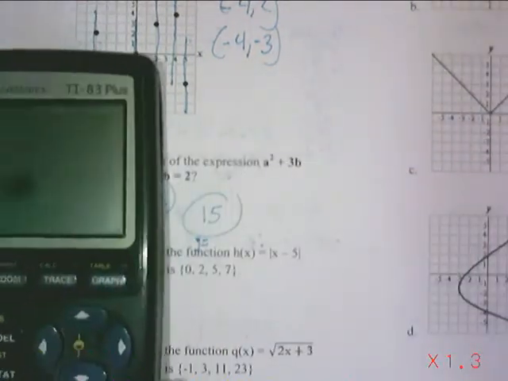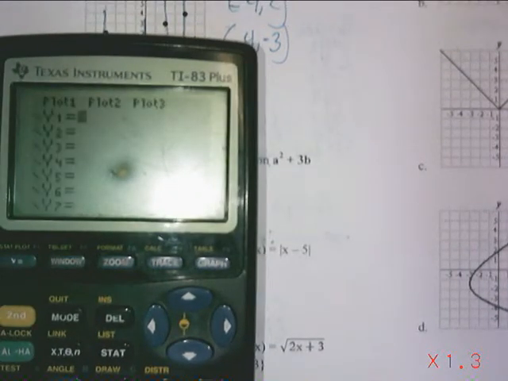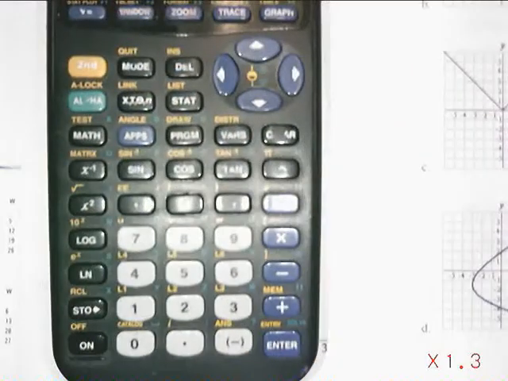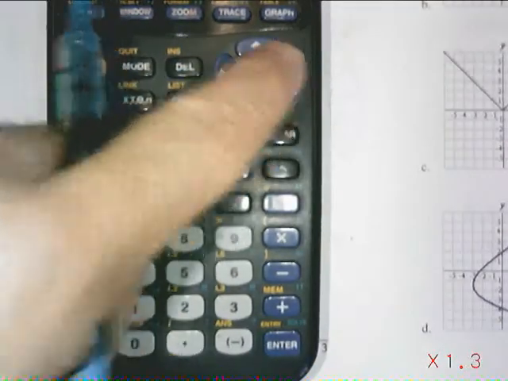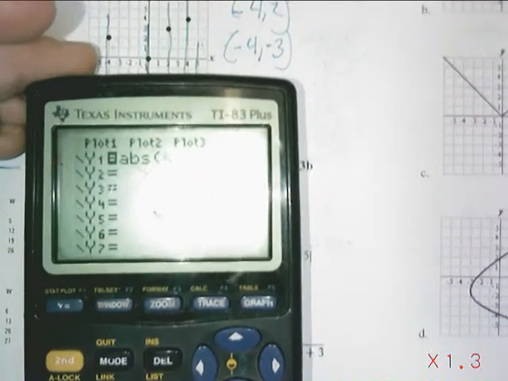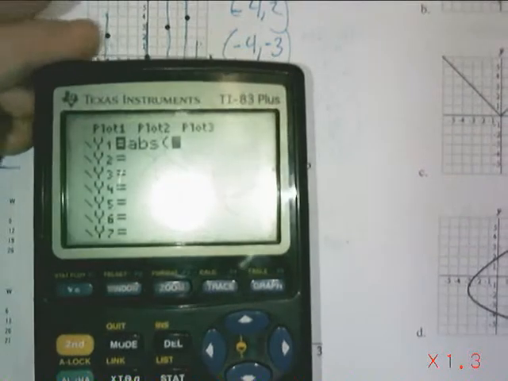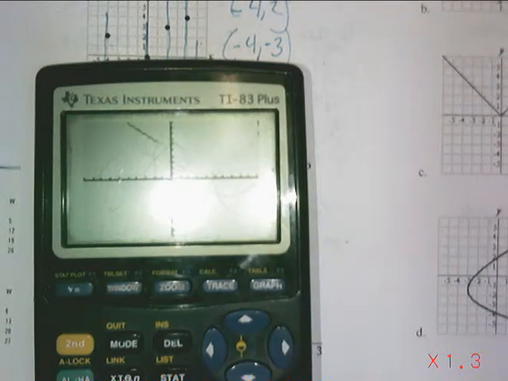So I'm going to go to y equals and pull out absolute value of x minus 5. Absolute value, on any calculator, it's math, number, and the first one. It'll look like this on your calculator, absolute value of x minus 5. That's as a function. I can look at the graph if I really want to, but I don't.